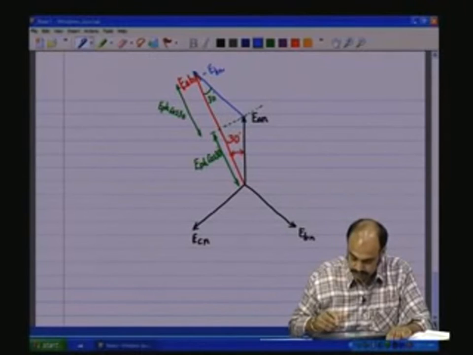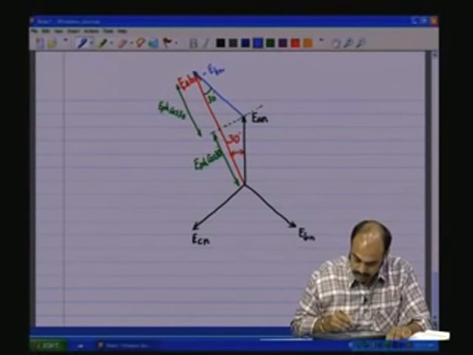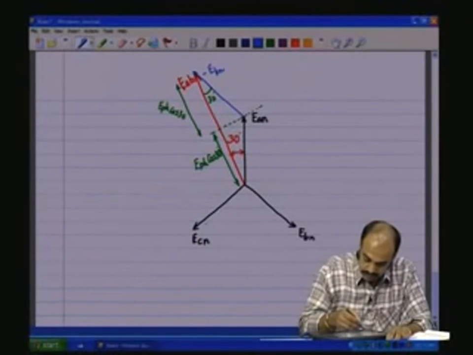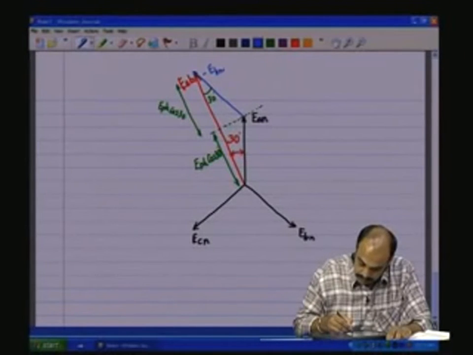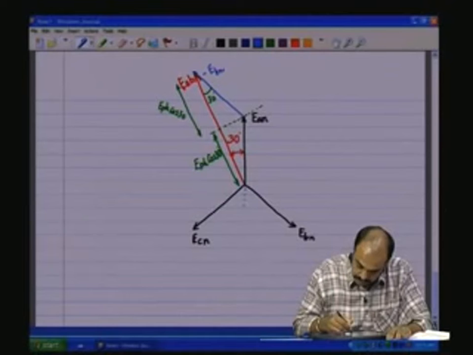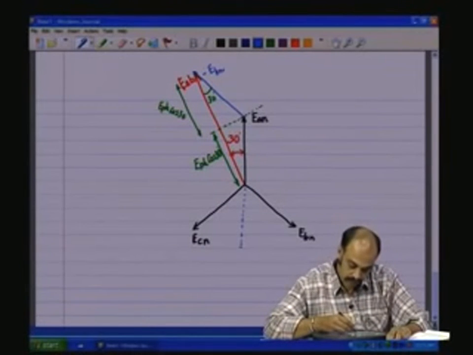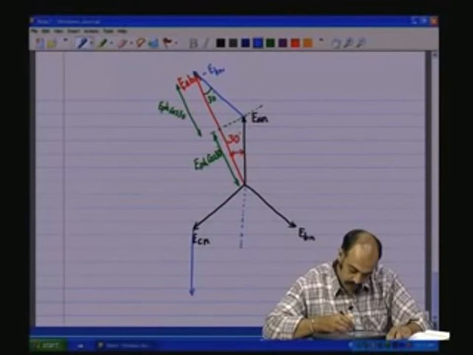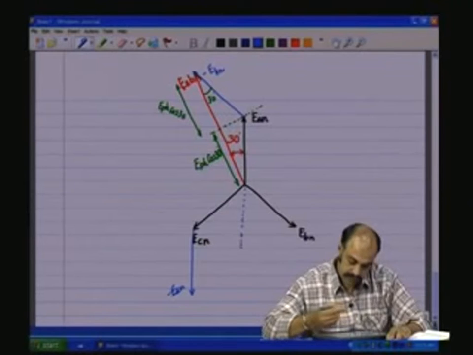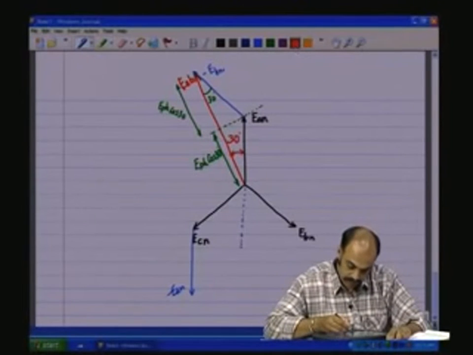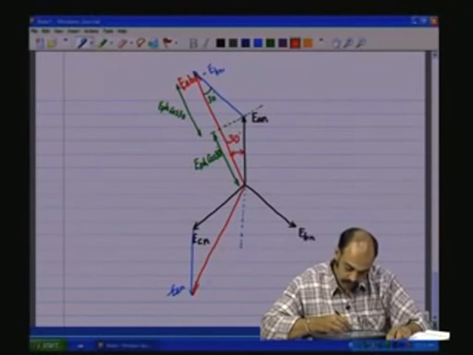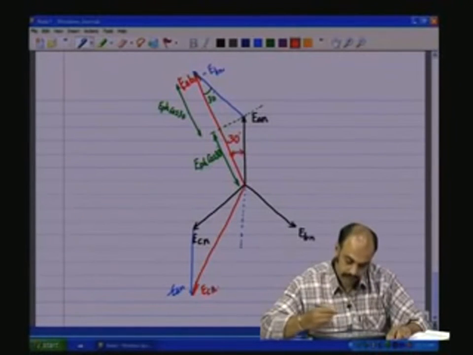If we take ECA, you have EAN shown in the negative. So, you have ECN minus EAN, and you have this vector which is ECA.